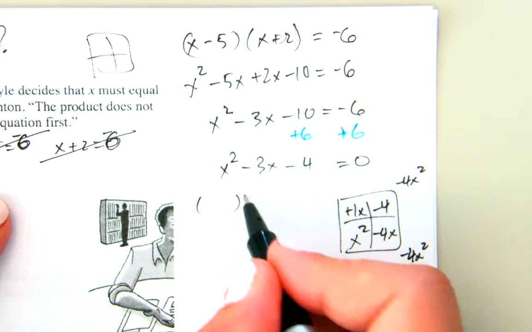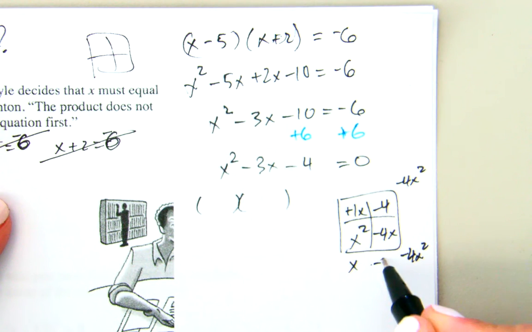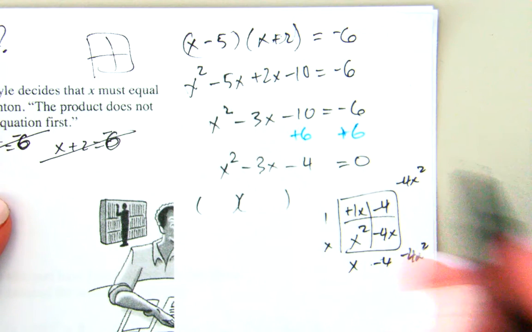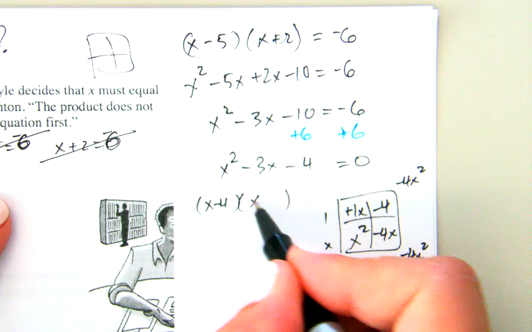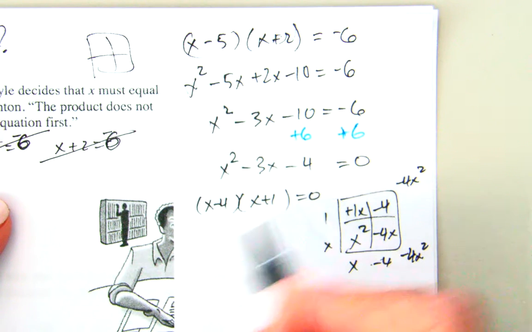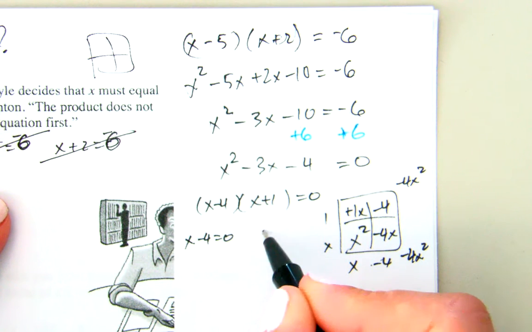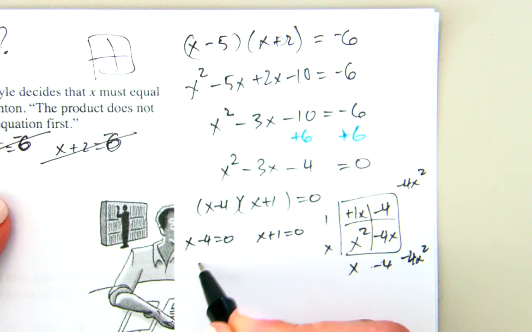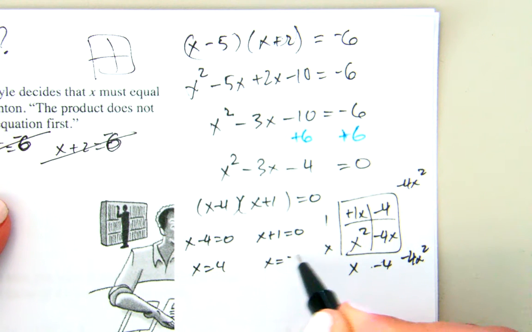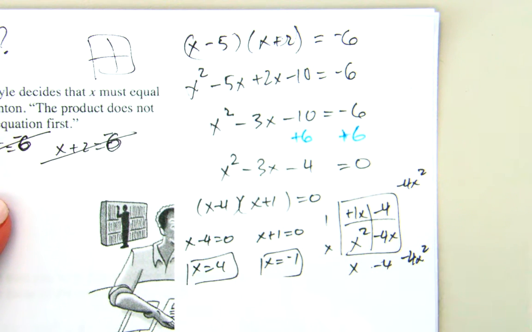So then my factors are (x minus 4)(x plus 1) equals 0, so x minus 4 equals 0, x plus 1 equals 0, so x equals 4, and x equals negative 1. Okay, done.